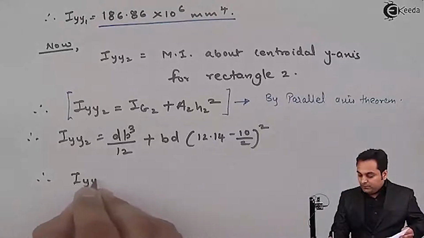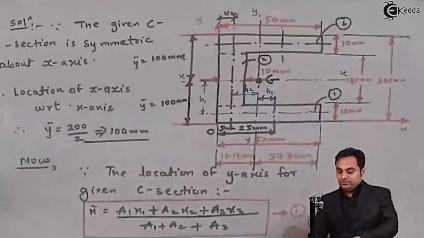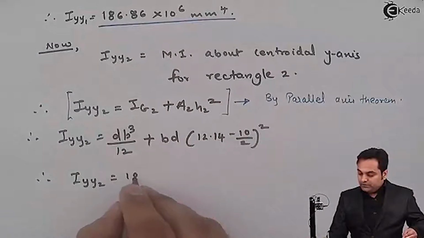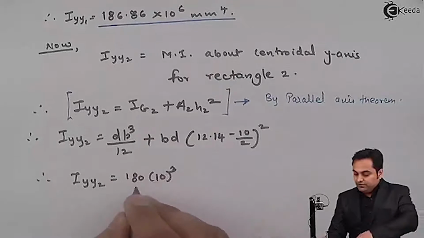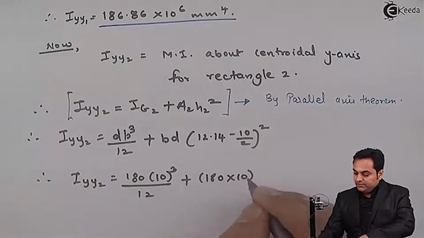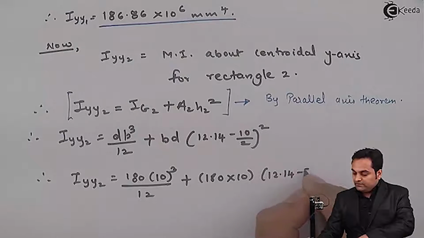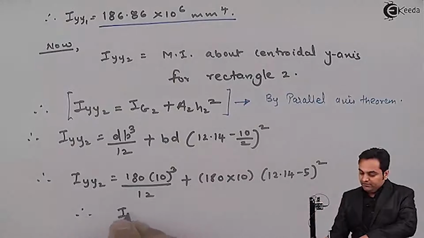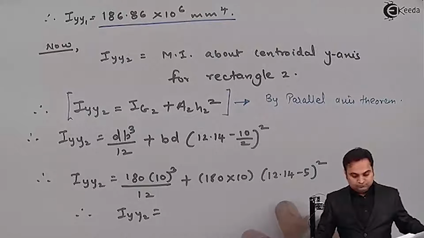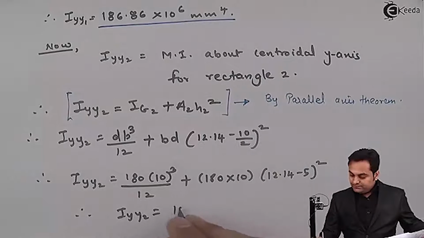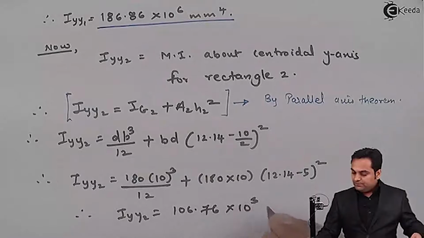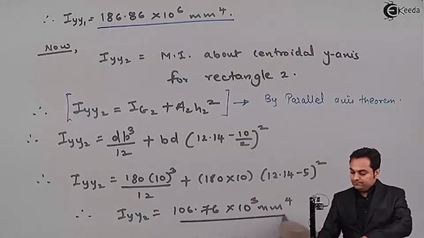Here d is 180 and b is 10. So 180 into 10 cube divided by 12 plus 180 into 10 into 12.14 minus 5 whole square. So Iyy2 comes out to be 106.76 into 10 raised to 3 mm raised to 4.